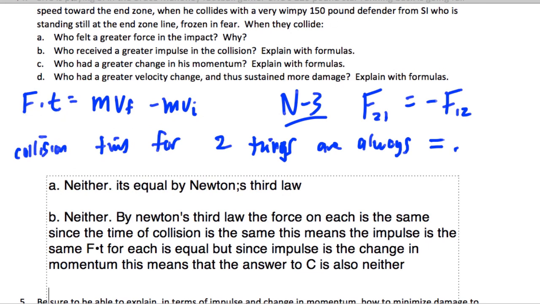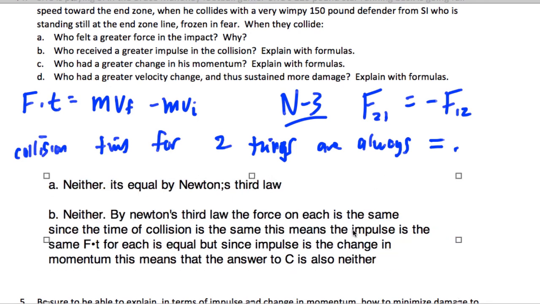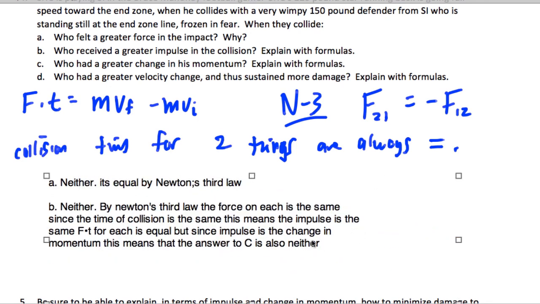And then let's see. For this last part, let's just kind of finish this up. And you know what? I'm going to shrink this text down just a little bit. There we go.